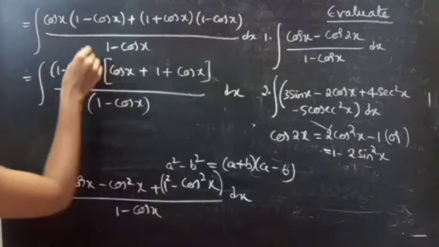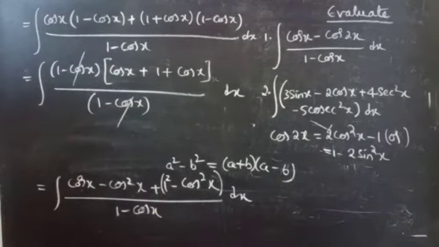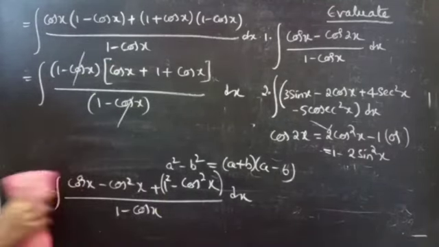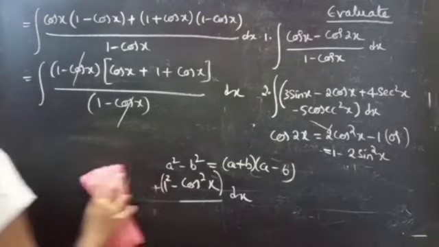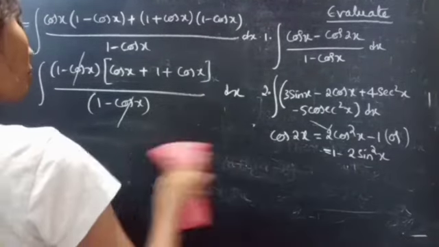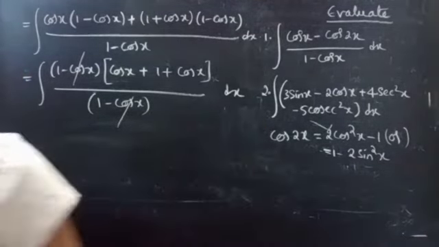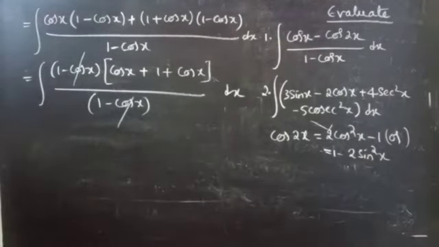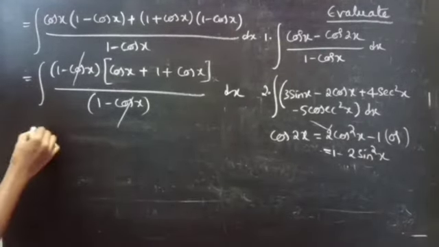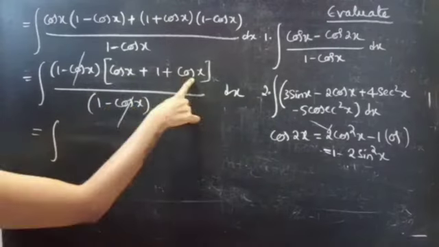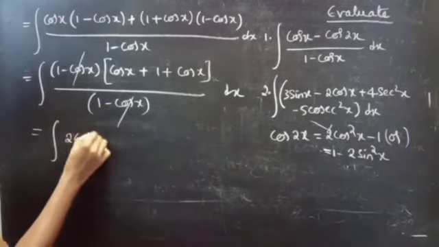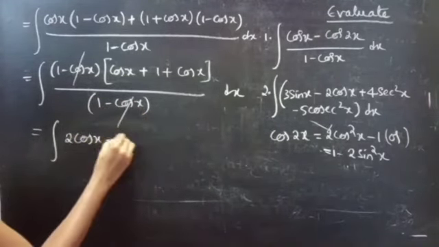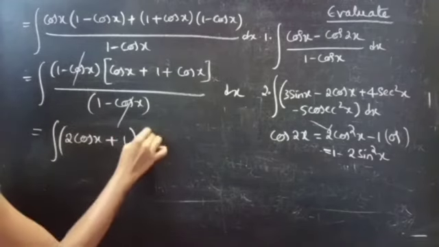Now simply you can cancel 1 minus cos x from the numerator and the denominator. So now the complexity of the problem is reduced. So this is equal to the integral of cos x plus cos x plus 1, that is 2 cos x plus 1, dx.